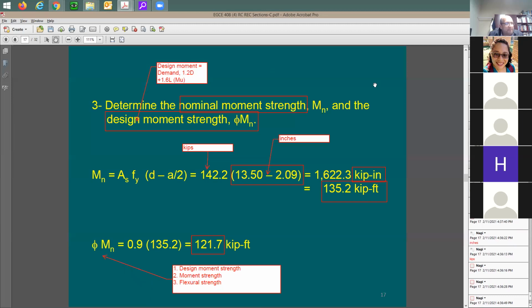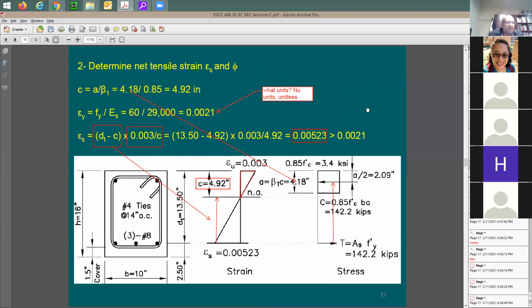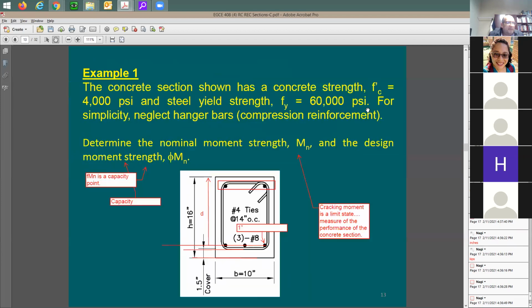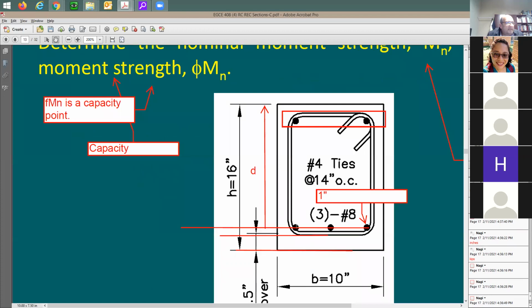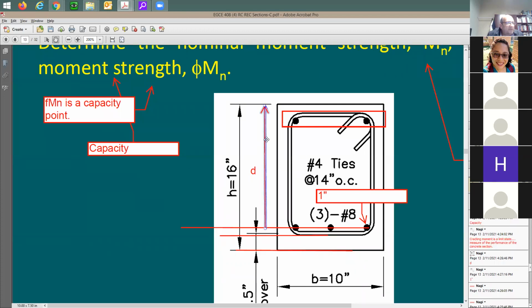Now back to your question. How did I come up with 13.5? Why did I subtract 2.5 inches? The d distance is the distance from the top compression fiber to the center of the rebar, correct?